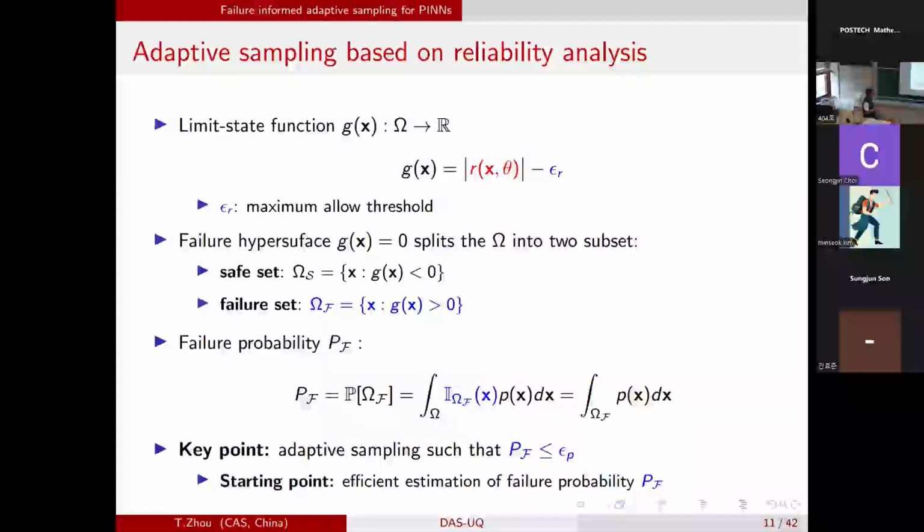You will define another tolerance for the failure probability, epsilon p. For example, you can define that epsilon p is 1%. If the failure probability is larger than this one, then you will add new training points to the training set. But how to add the points based on the residual information? So this is the whole adaptivity procedure.